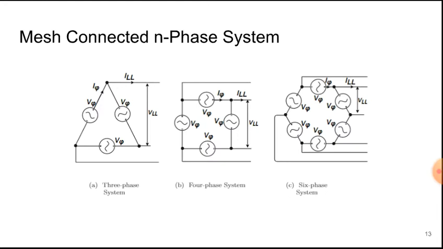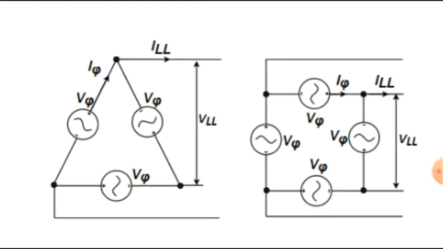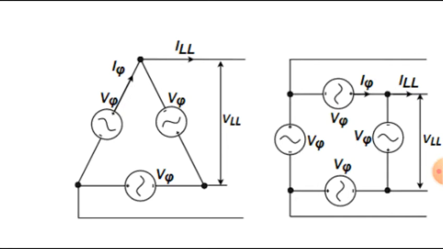So this means that the line voltage is also the same as the phase voltage. But this time, the line current is not the same as the phase current, because if you look at that node, the corners of the triangle, we can see that line current IL will not be equal to I phase.